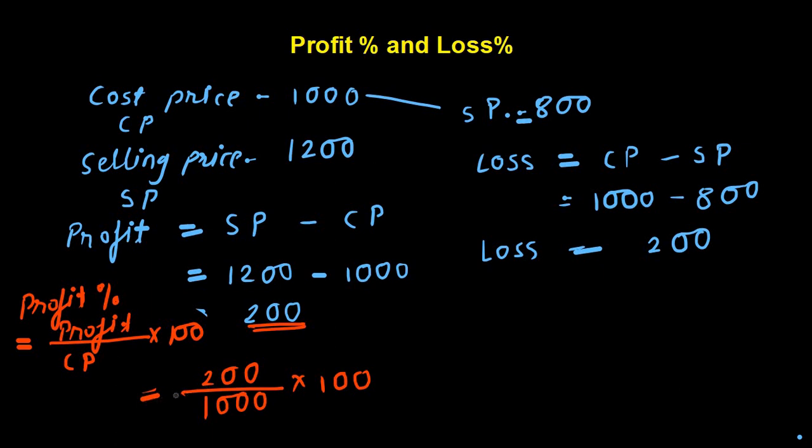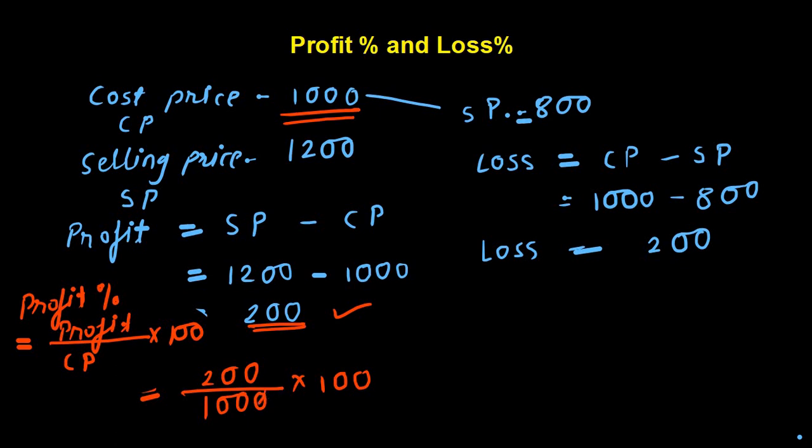Profit percentage equals profit, 200 rupees, upon cost price, 1,000 rupees, multiplied by 100. You do not need to actually multiply 200 times 100 and then divide by 1,000. Whenever you get a chance, simplify the calculation.